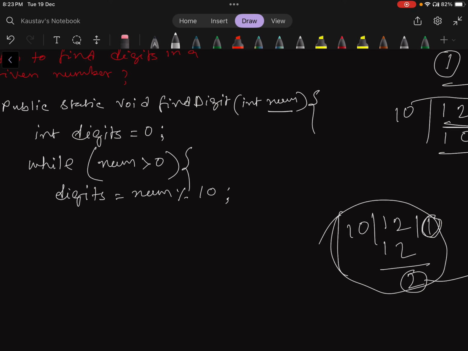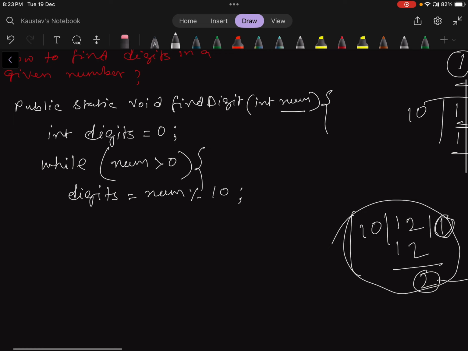We just need the remainder. So that's it, we got the digit. But after that, what we need to do is print the digit.